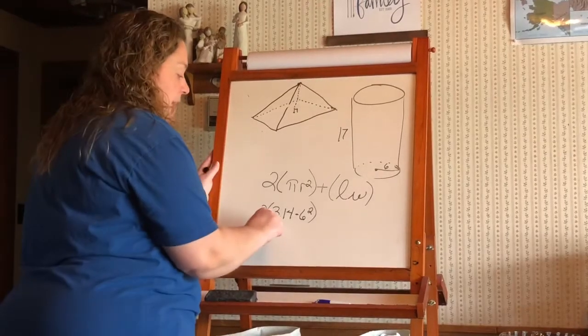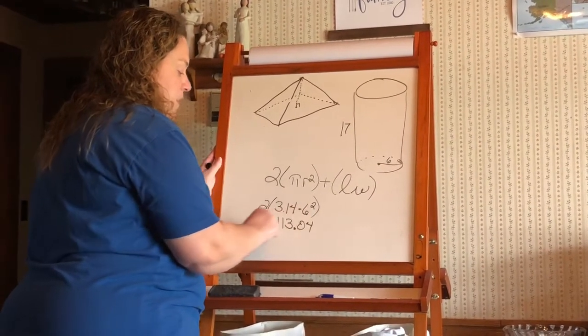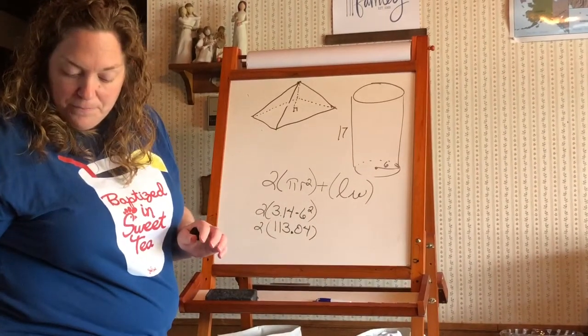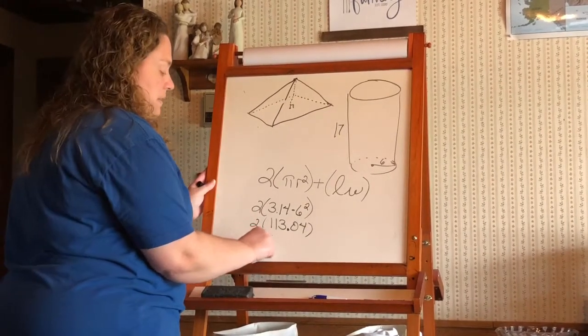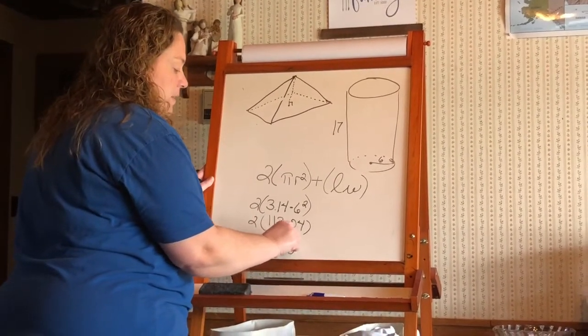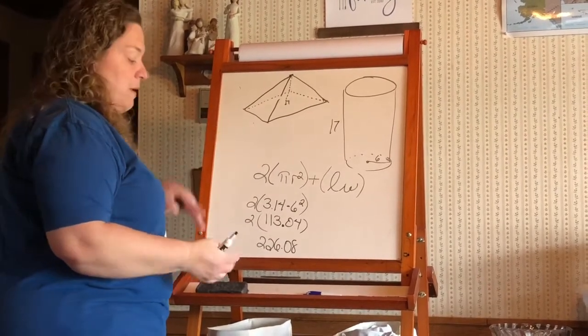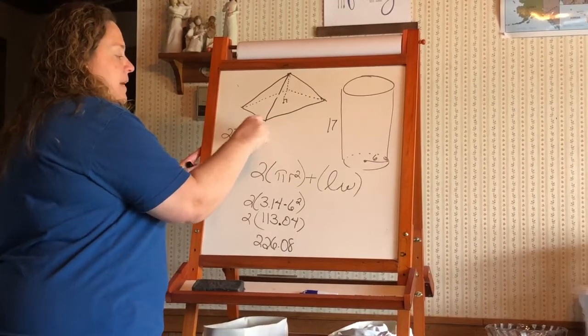We did this in the last one. But we have to do that times 2, which is 226.08. So now we know the surface area of the two bases. We're going to take that number and put it up here and come back to it.